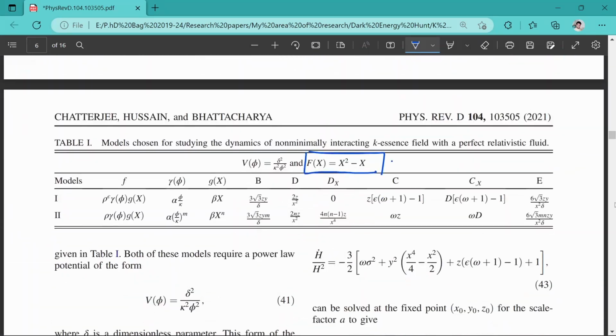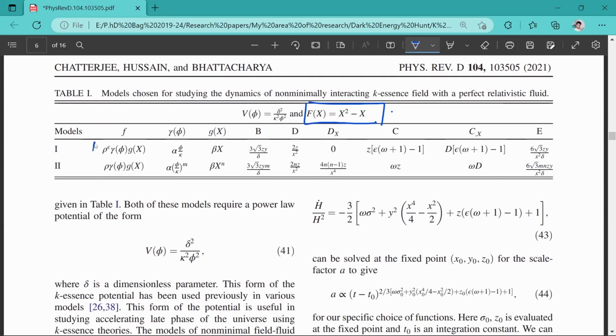So again, just go down. We have defined two models. One model is rho to the power epsilon with some form of gamma, which consists of phi and g of some x. So you can have rho epsilon, and let us say gamma phi is considered to be phi square, or g of x to be phi, or f phi to the power m and x to the power n.